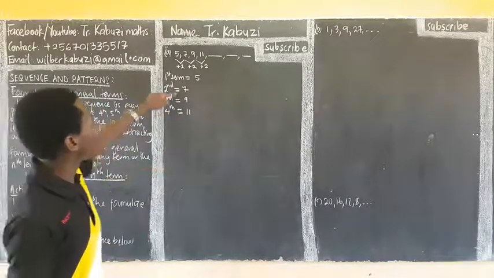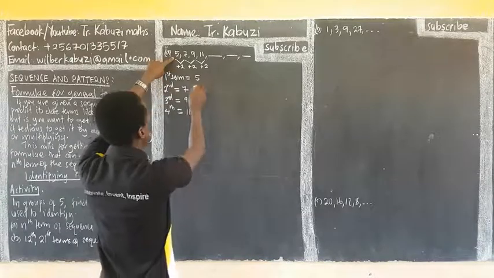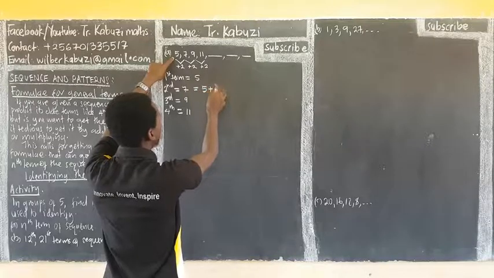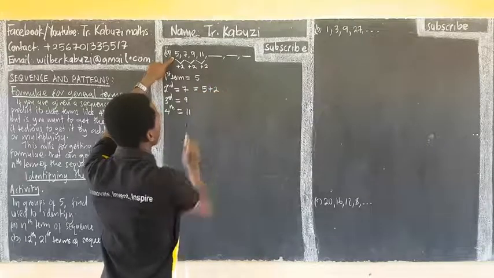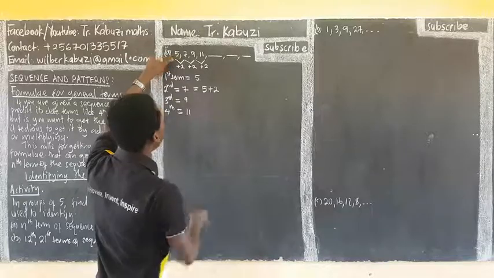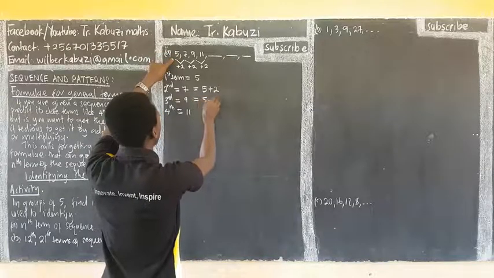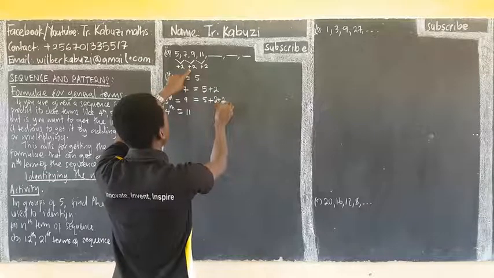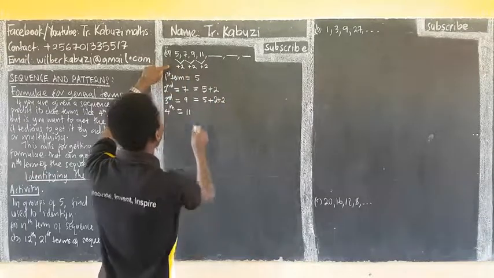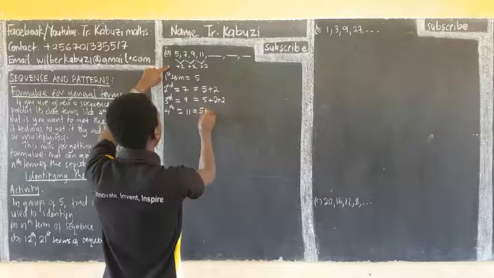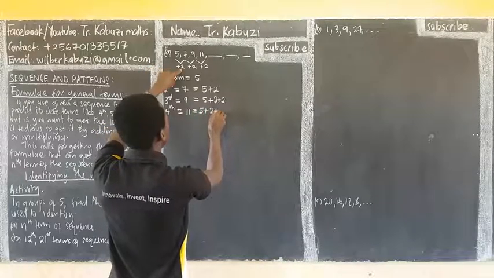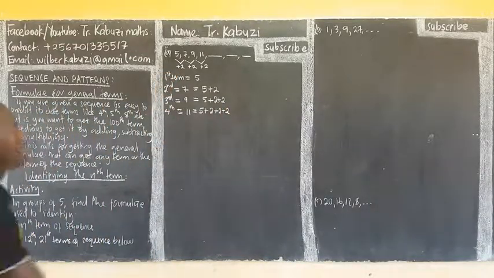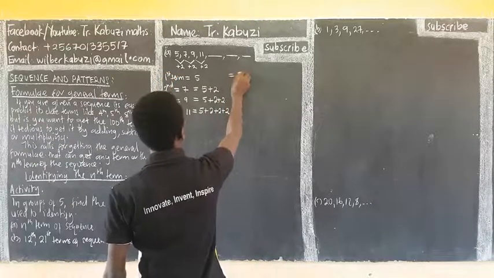Now, basing on 5, you see that to get 7, we got 5 plus 2. Then basing on 5, we got 5 plus 2 plus 2, then plus 2 to get 9. Then basing on 5, we got 5 plus 2 plus 2 plus 2. I think you can see that trend. So the first one is giving us just 5.